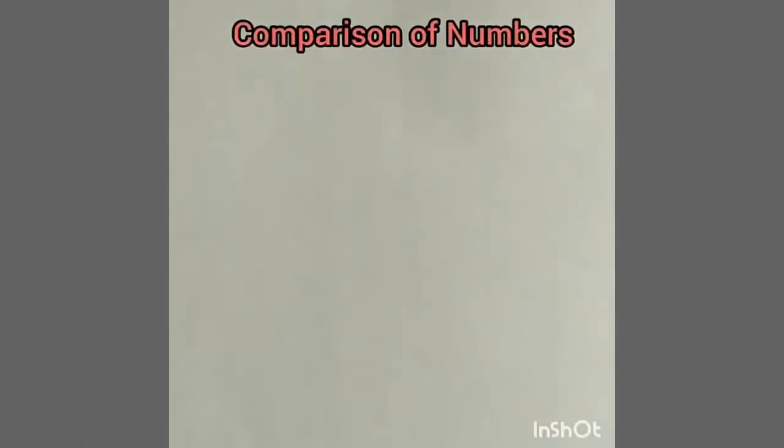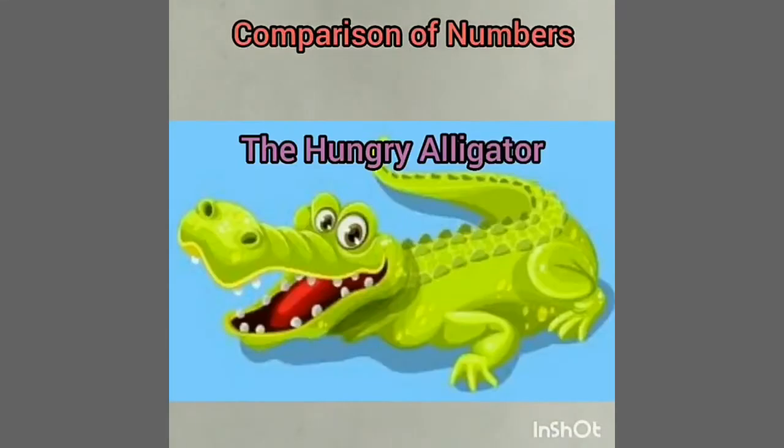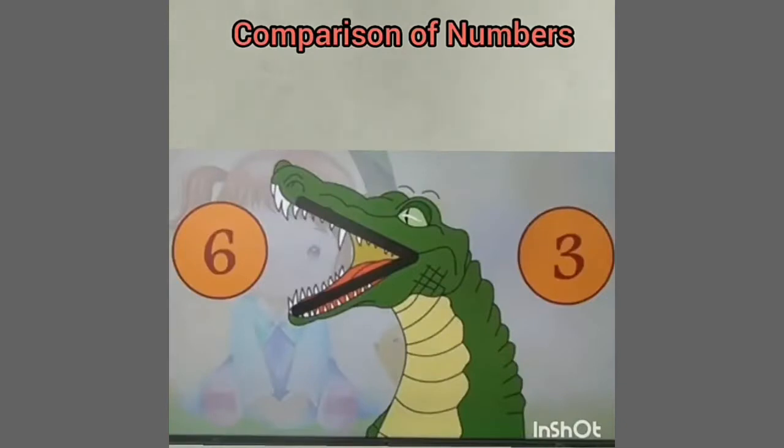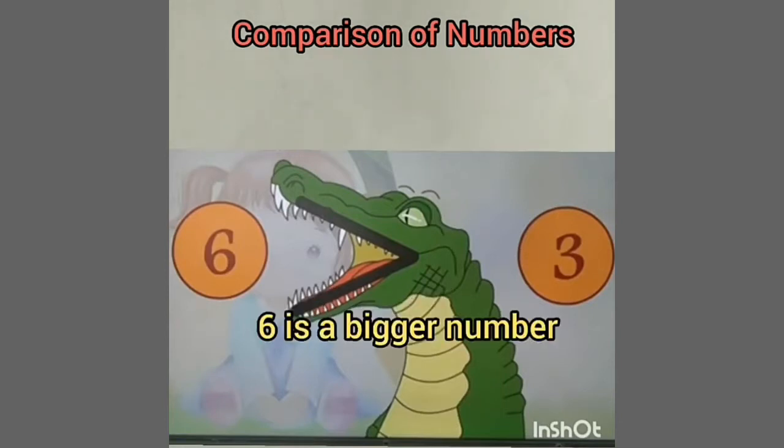Okay children, now see here. This is the hungry alligator, and it always opens its mouth towards the bigger number. Now here, which is the bigger number, 6 or 3? Yes, 6 is the bigger number.